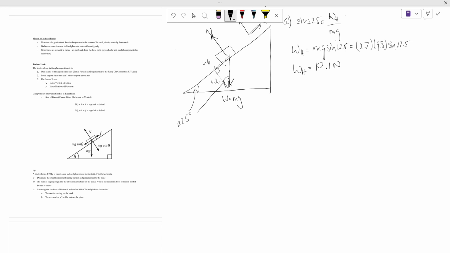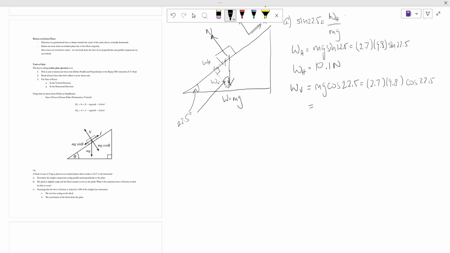So very similarly, you can also derive a relationship for WV using trig, exactly the same. So I might just write it out real quick. Obviously WV in this case relative to the angle is the adjacent, so we're using cos. So we've got mg cos 22.5 is equal to 2.7, 9.8, and then cos 22.5, right?